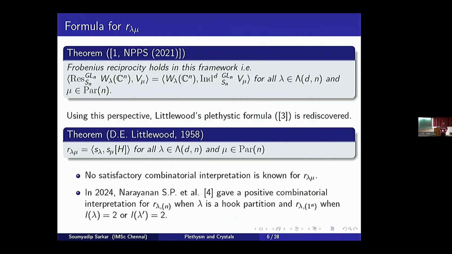However, Narayanan gives some interpretation for special cases where lambda is a hook partition, and the round bracket (n) just means the trivial representation of S_n. And for the sign representation, that too when lambda is either a two-row or two-column partition. Only in very few cases is the combinatorial interpretation known.